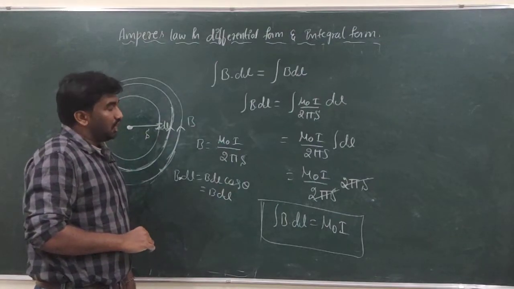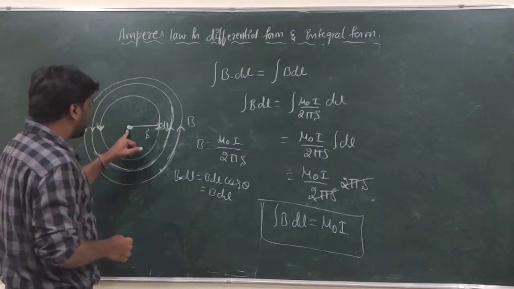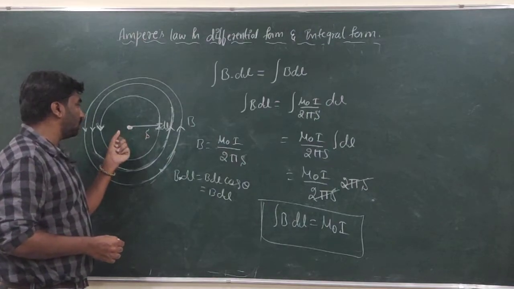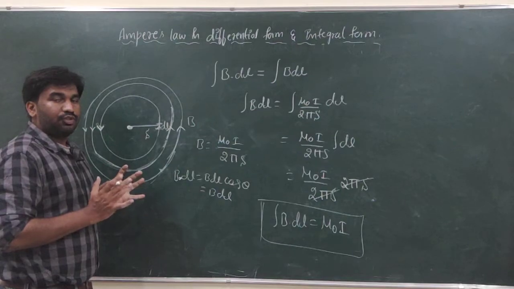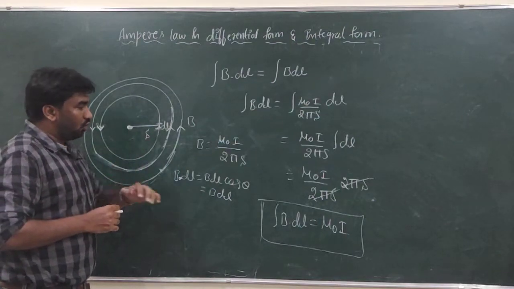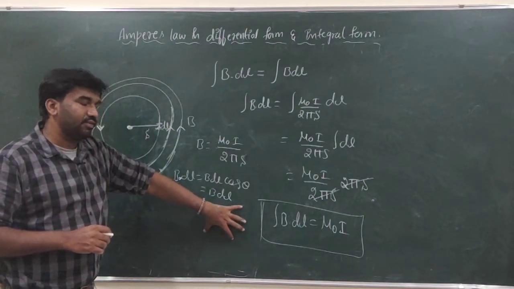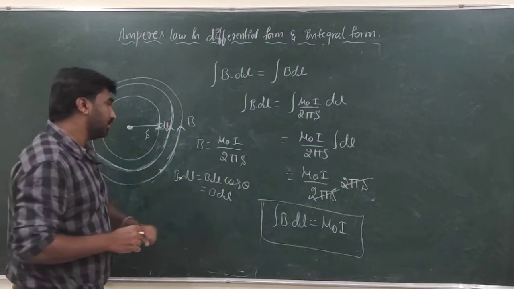Okay. Suppose instead of taking a straight wire, I have a bundle of wires which form a closed loop. So what will be our integral B dot dl? Let's see.